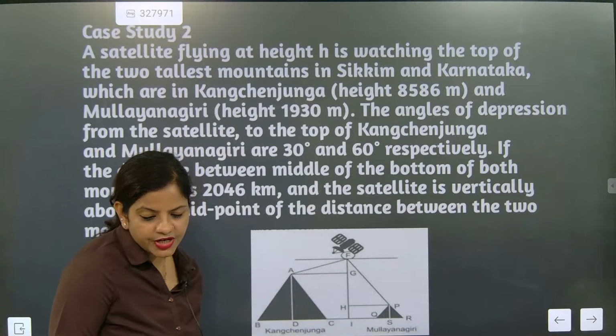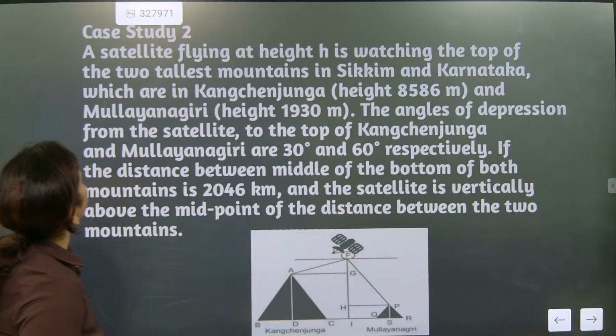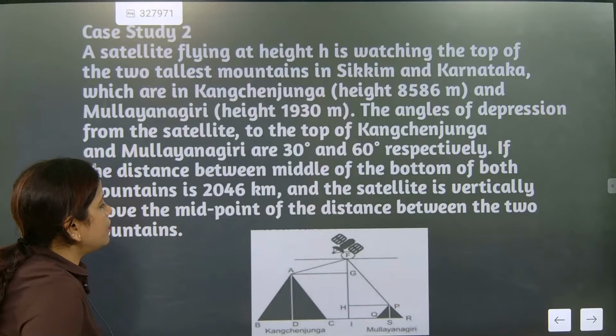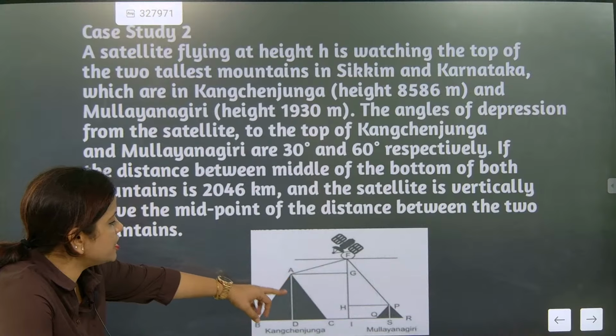So next question is, a satellite flying at height h is watching the top of two tallest mountains in Sikkim. Okay. So two tallest mountains. One mountain is Kanchenjunga. Second is Mullenagiri.